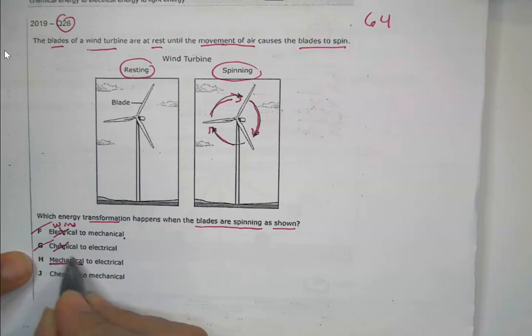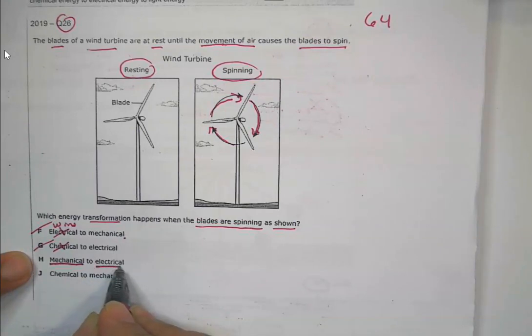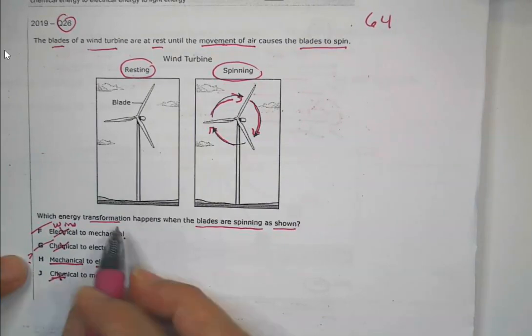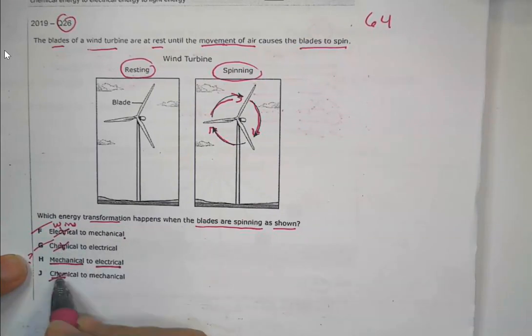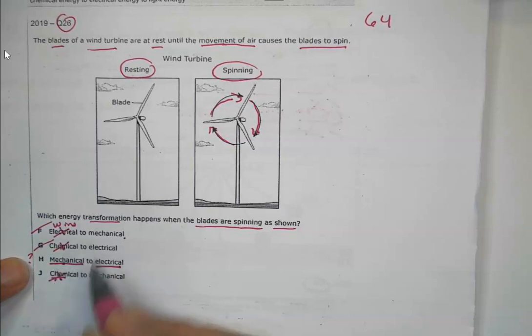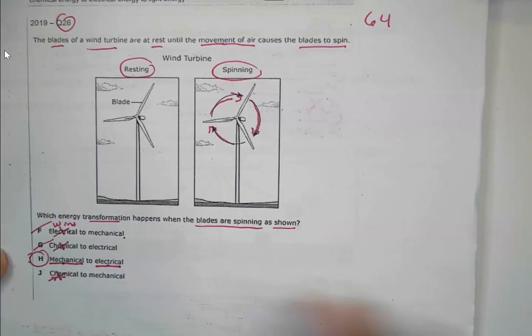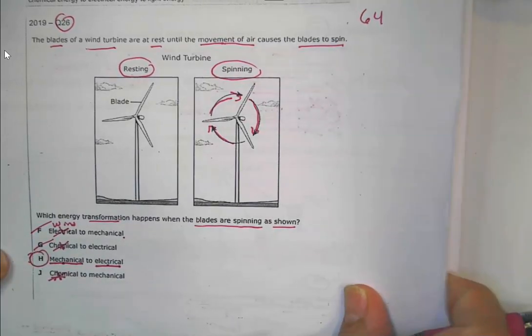The blades start moving, and then we have electricity. I'm gonna put a question mark. Chemical, there was no chemical. Okay, so I cannot say right here that I start with electrical because there was no electricity before. Chemical, there's nothing chemical, so I get rid of those two. I do know that the wind moved the blades, spun the little generator motor, and then we had the electrical being produced. So letter H is going to be the best possible answer.